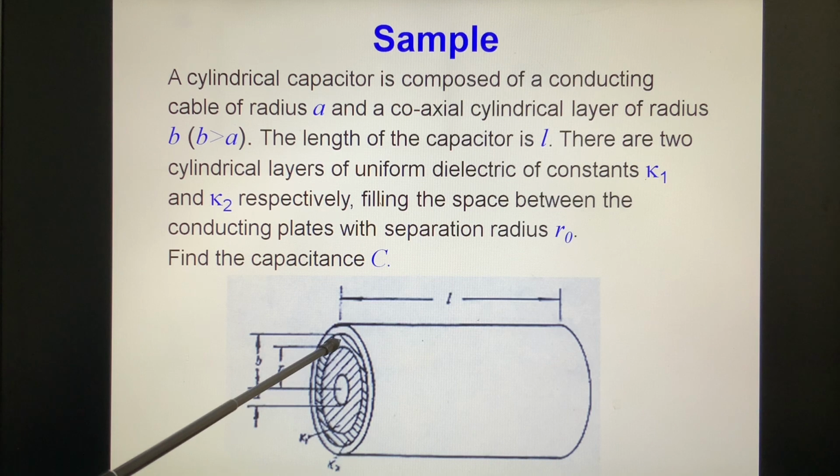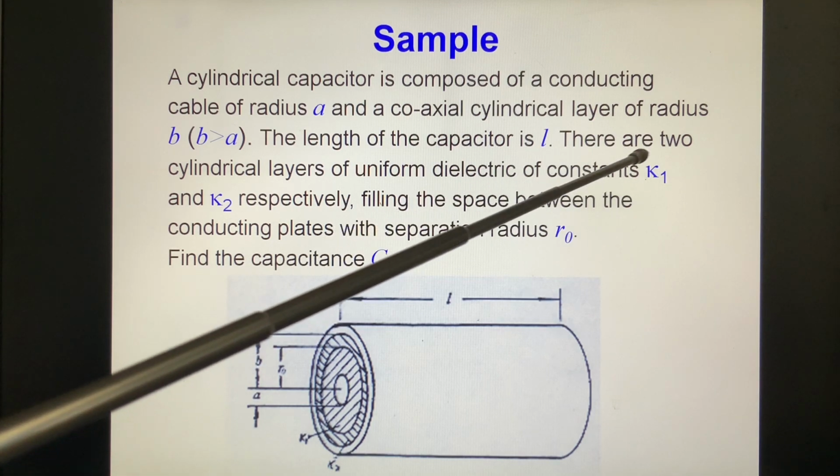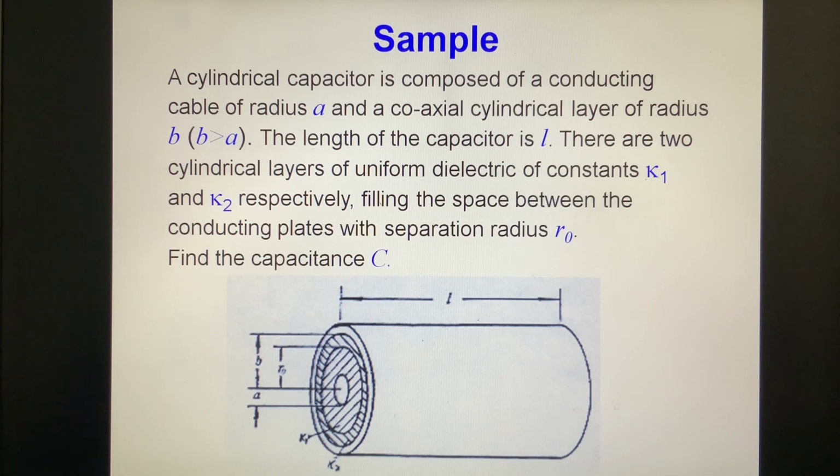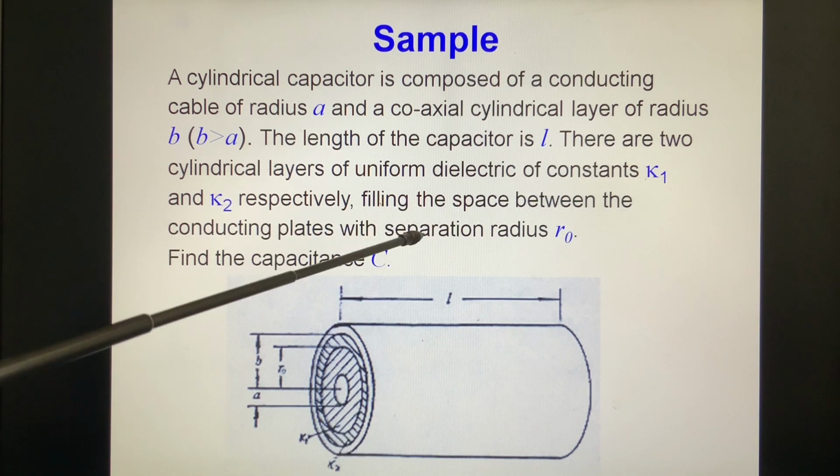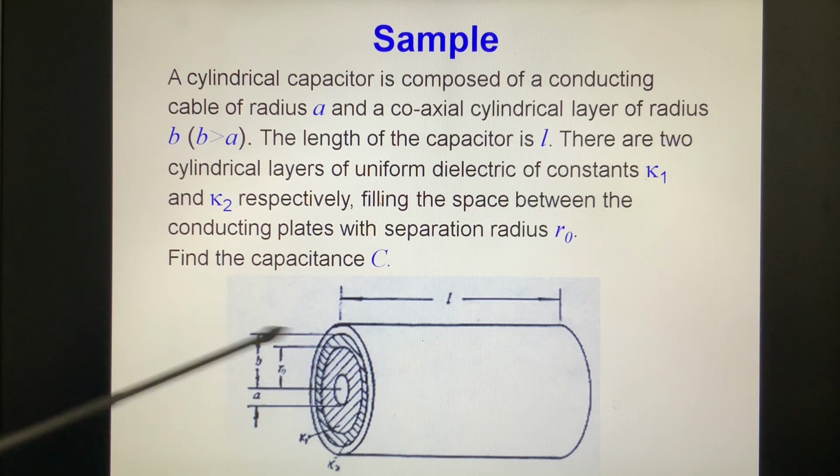Smaller than R0, from A, is layer 1. Larger than R0 and smaller than B is layer 2. That's dielectric constants kappa 1, kappa 2 respectively. Find the capacitance C.